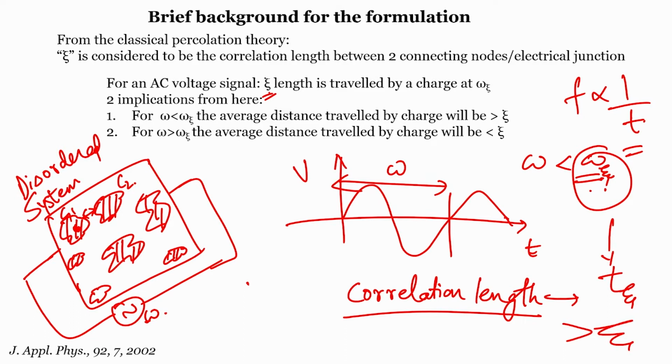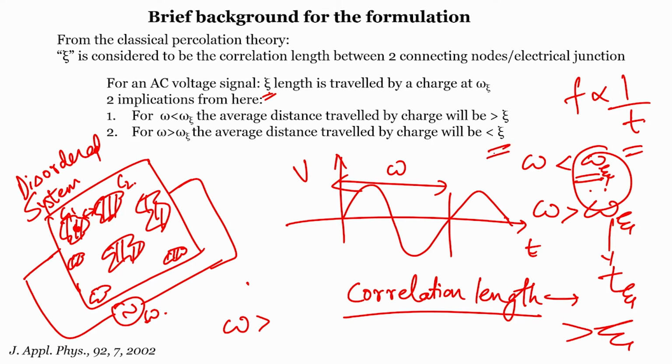When this frequency is greater than omega psi, which means the time period is reduced, correct, because it is an inverse relation, when the time period is reduced, the distance travelled by the charge will be less than the correlation length.